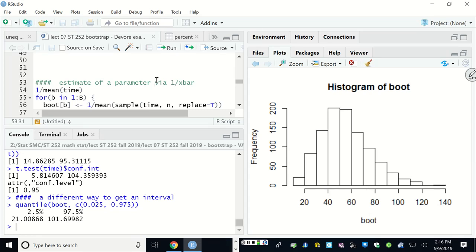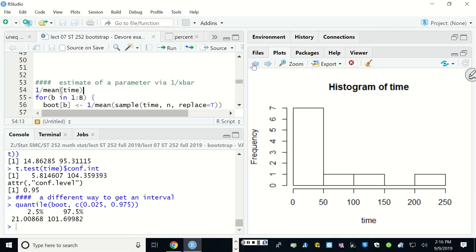The bootstrap is then used for another thing. In estimation of that probability distribution, going back to the exponential, there's a parameter lambda, and it turns out the estimate is 1 over x bar, right? So that becomes our statistic.